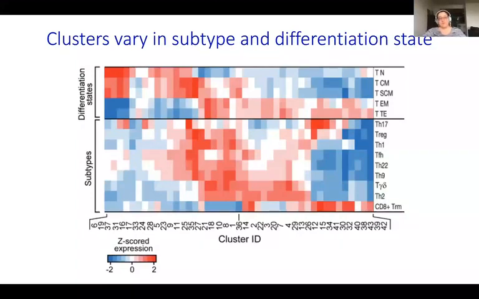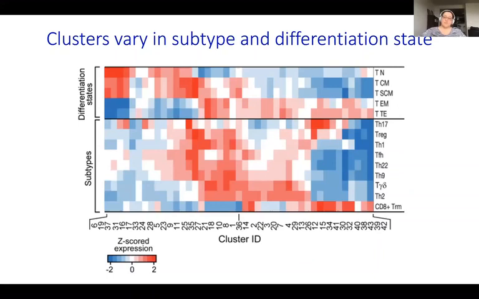And so the typical thing to do is sort of map between signatures in all these clusters. And we saw that, yes, the clusters had many different subtypes, including some very rare subtypes. So you could find all the important immune subtypes among the clusters. They had many differentiation states from naive all the way through terminally exhausted and different types of memory states.